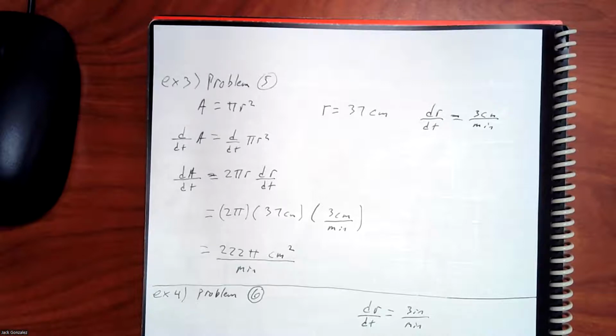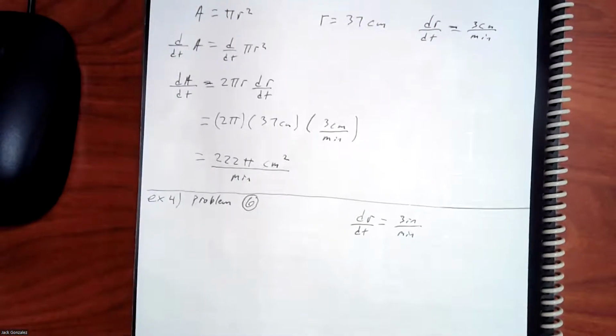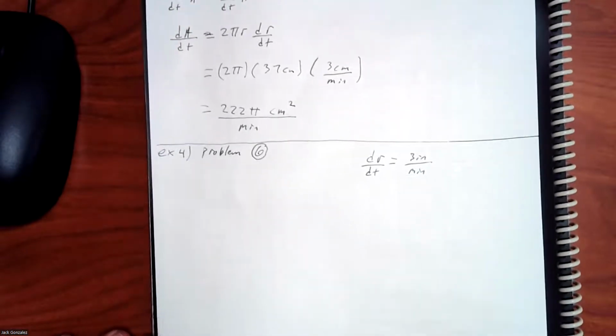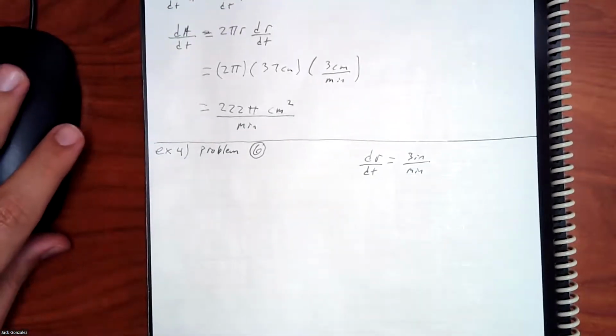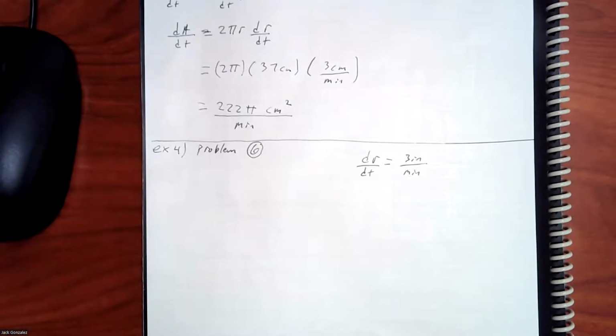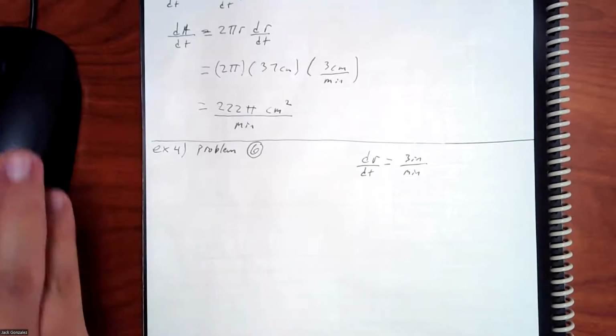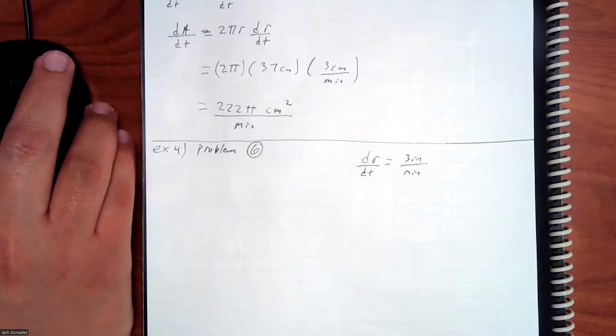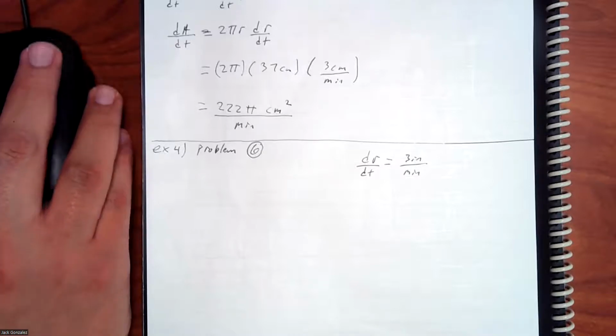What's the formula for the volume of a sphere? Yeah, I believe it's 4/3 pi r cubed. Now let's double check.